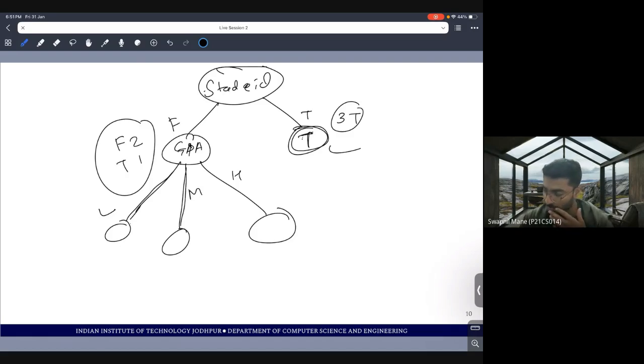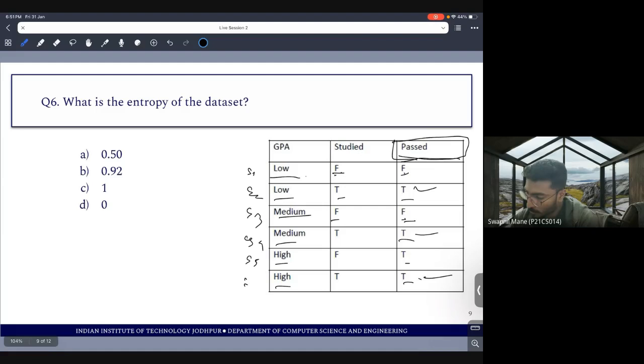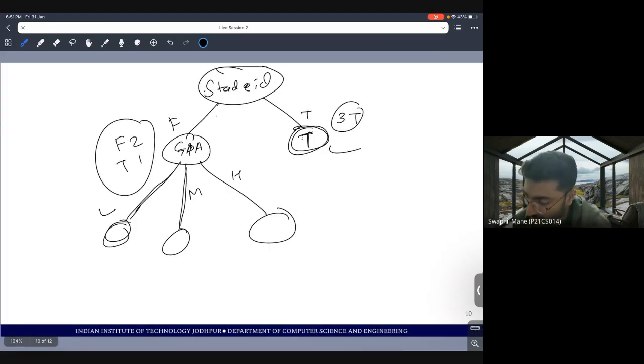Right. So at the time of low GPA, how many times did students pass and fail? That we need to calculate here. If it is low, we need to see the two categories here. You can see here, studied is false and GPA is low.